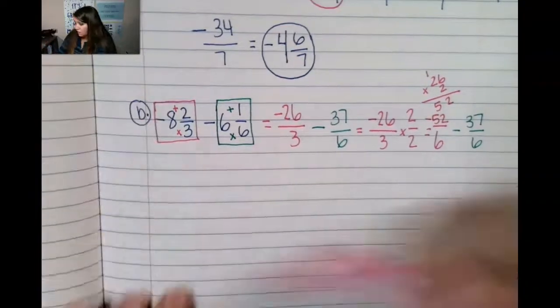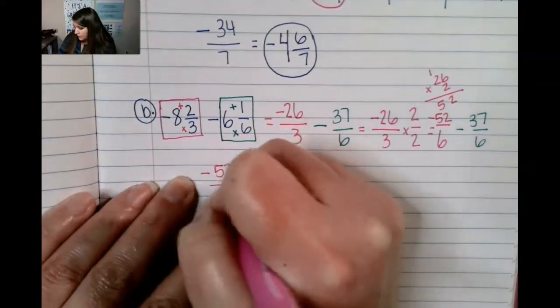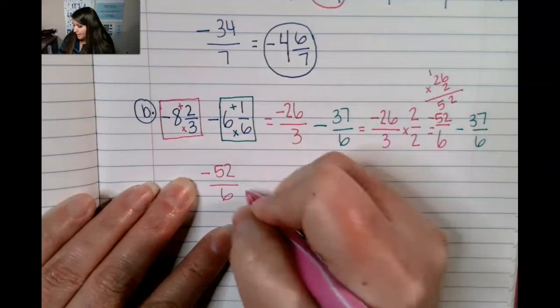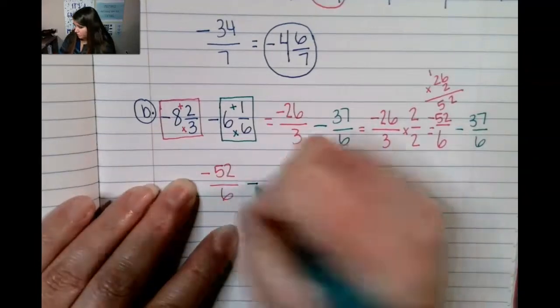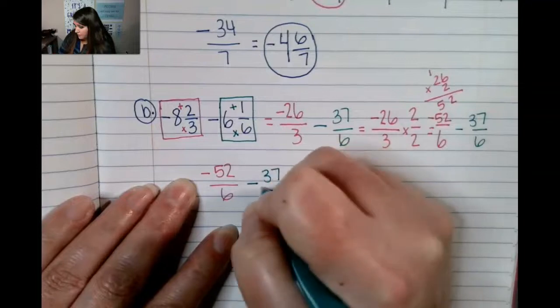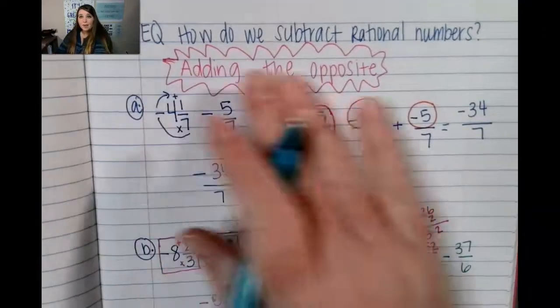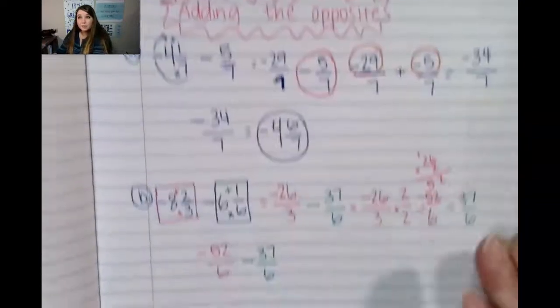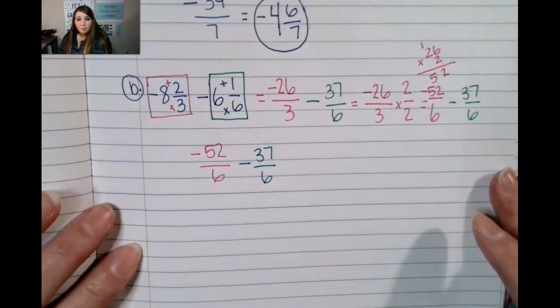So I am working with -52 over 6 minus 37 over 6. But we remember up above, we want to add the opposite. We don't want to subtract. We want to add the opposite.